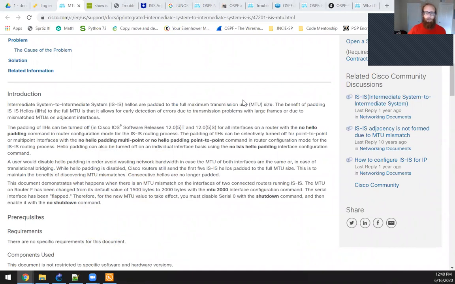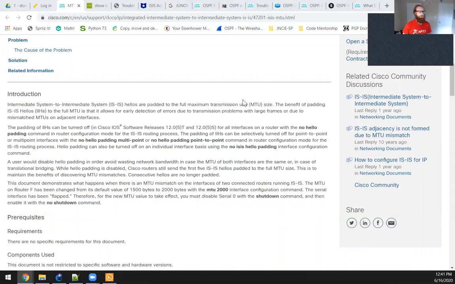The padding of IIH, ISIS hellos, can be selectively turned off for point-to-point or multi-point interfaces with the no hello padding multi-point or no hello padding point-to-point command in router configuration mode for the ISIS routing process. Hello padding can also be turned off on an individual interface basis using the no isis hello padding interface configuration command.